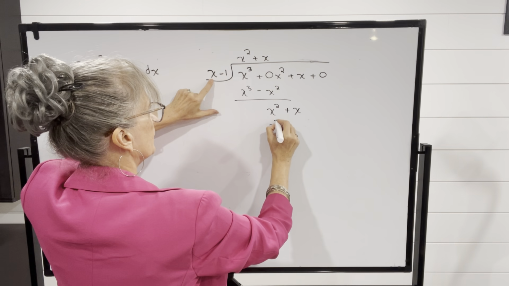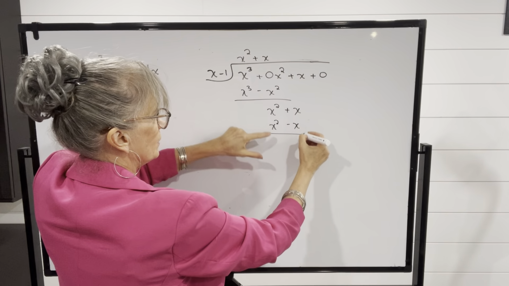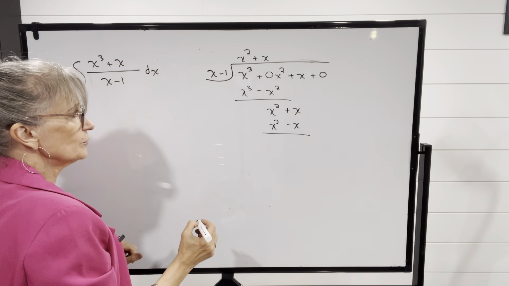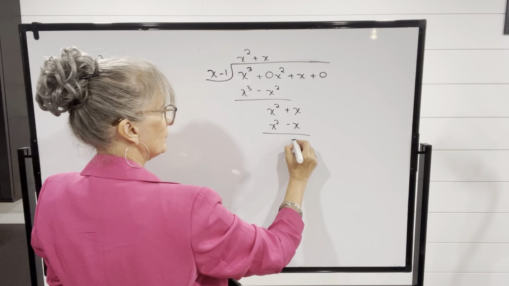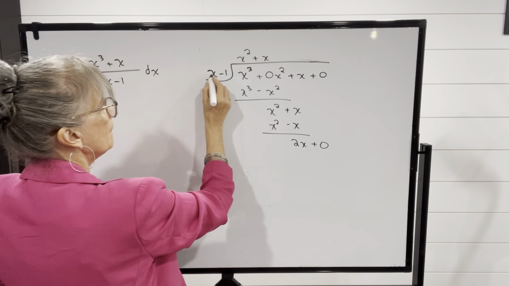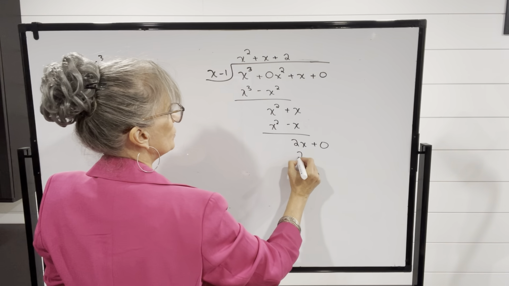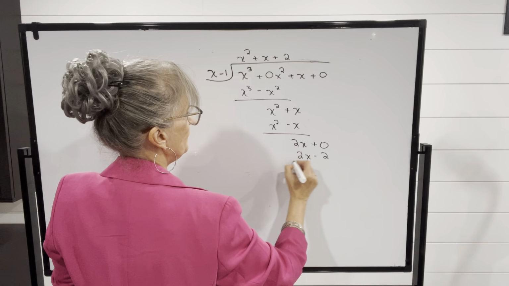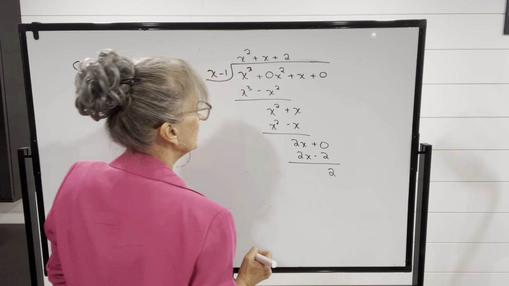So x squared minus x. When I do the subtraction, x squared minus x squared is gone. X minus a negative x will give me 2x. And I bring down the next term. And then I multiply by 2, so I get 2x minus 2. I do the subtraction, 0 minus a negative 2 is 2.